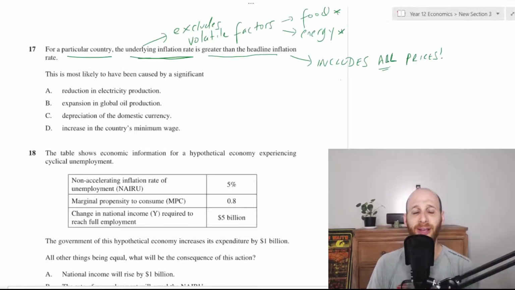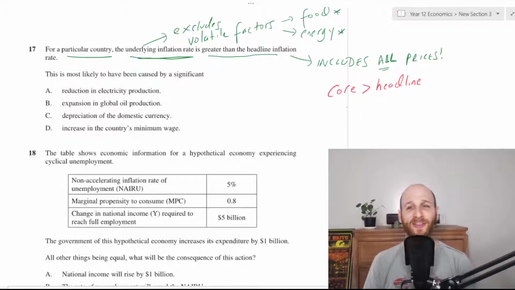Okay, so what we can say here is that if core exceeds headline, well then volatile factors must be pretty low. If volatile factors were really high, then headline would exceed core.